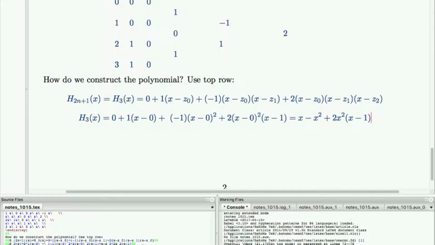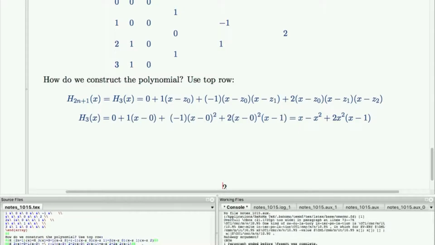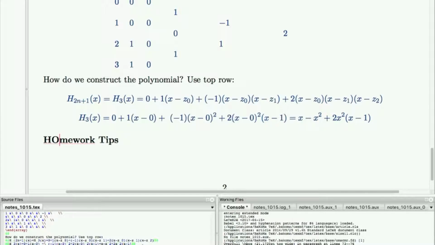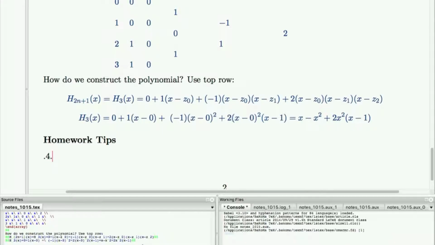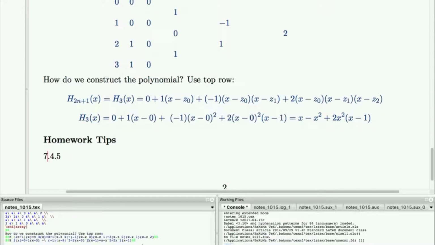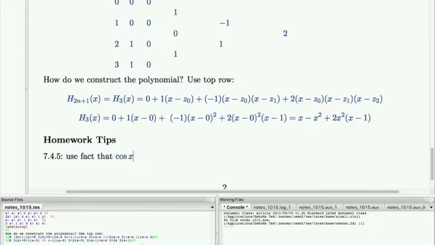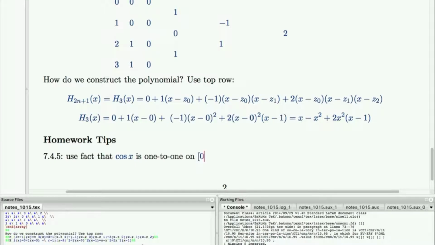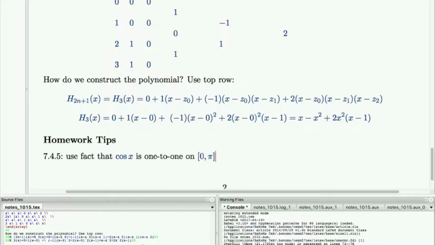Okay, I'll add that to the notes here. Whoops, really bad spelling there. So on 7.4.5, use the fact that cosine x is 1-to-1 on the interval 0 to pi, which means that, for those of you who've taken modern algebra, it's injective.